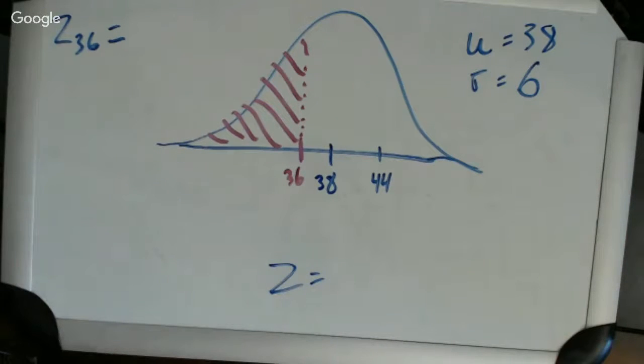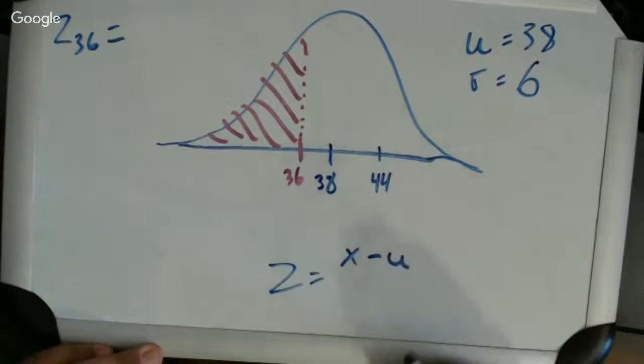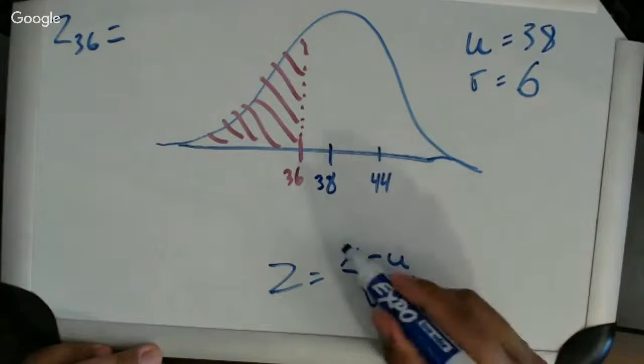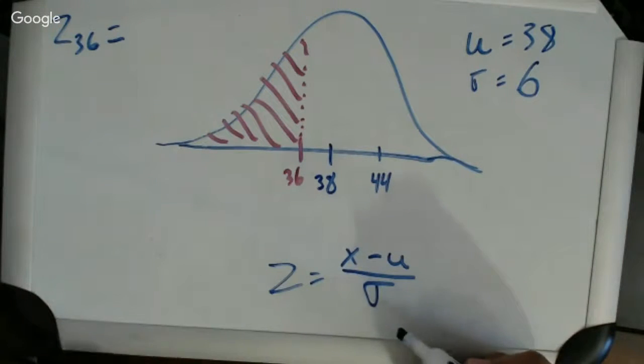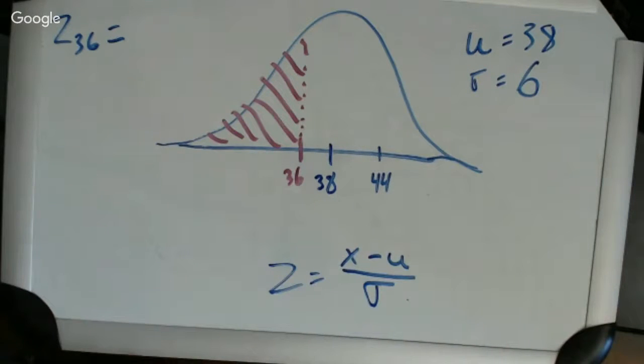Isn't it the number minus the average, divided by the standard deviation? Yeah, so x is our number, and we subtract out the average. That's our distance, how far away we are from the average, and then we divide by the standard deviation to turn this distance into standard deviation units.